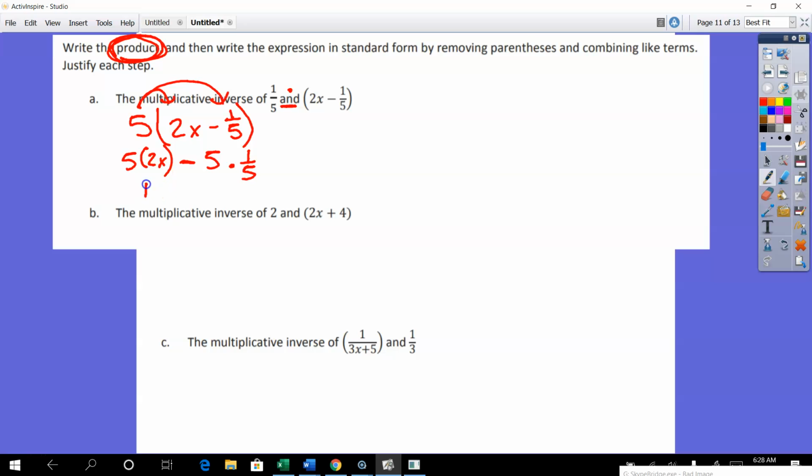So 5 times 2x is 10x, minus 5 times 1/5 is 1. So 10x minus 1, those are not like terms. We cannot combine them. That is our answer.